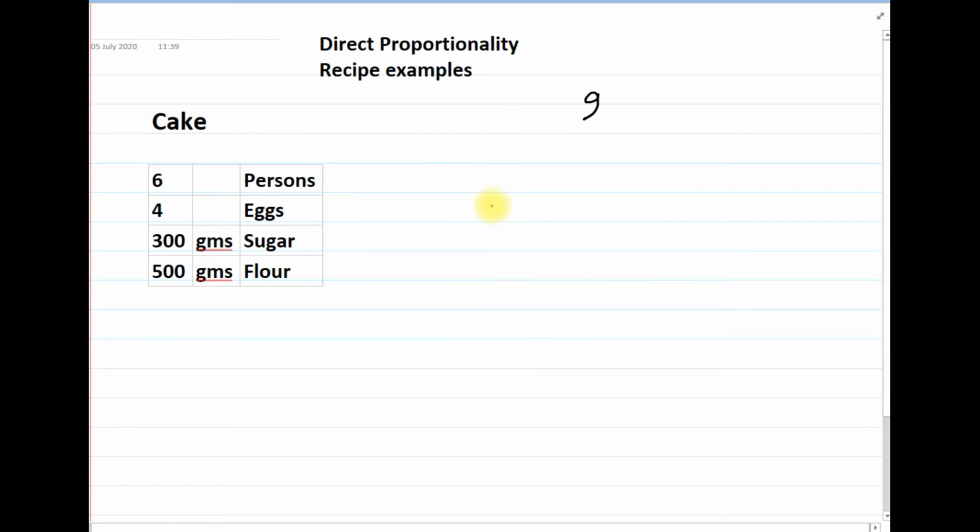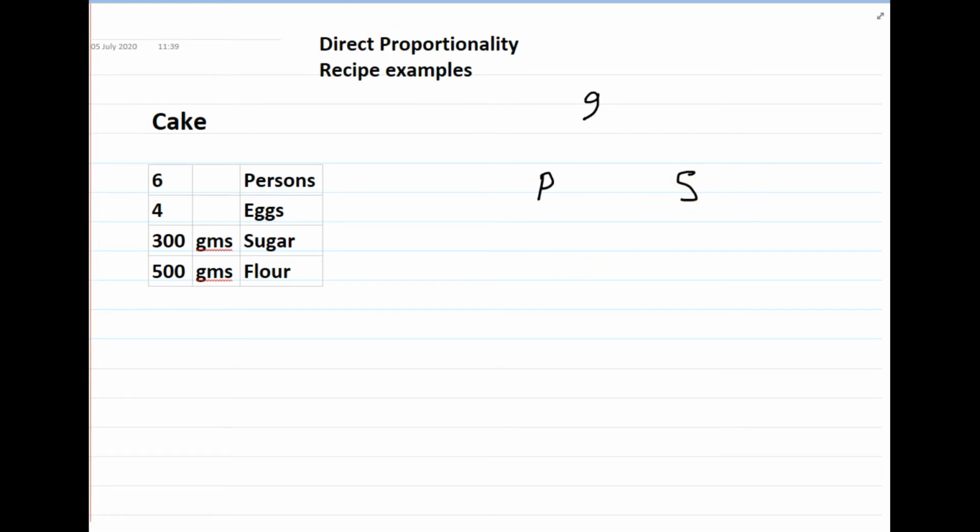Suppose we want to know how much sugar we need to cover the cake for 9 people. So again, I'll put a column for number of persons and the amount of sugar that I need. In fact, let me wipe this out because we don't always have to have the multiplication come from the right to the left and up.